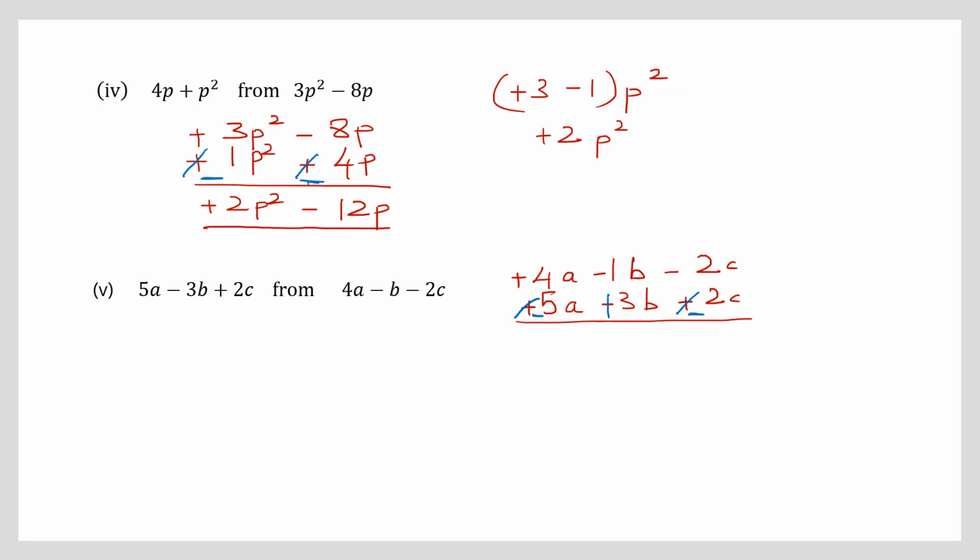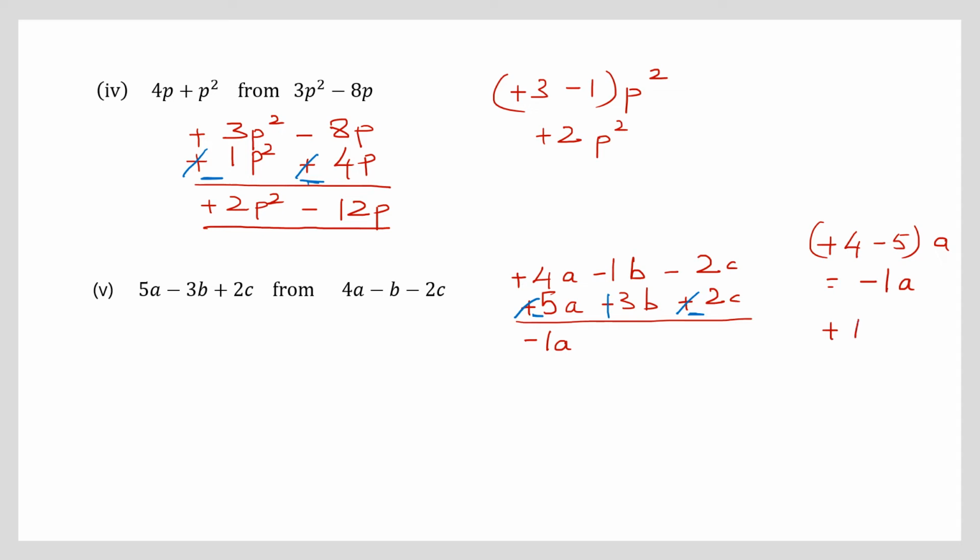So let's start. Now plus 4 minus 5a. When signs are different, put the sign of the bigger number and subtract. 5 minus 4 is 1a. So this becomes minus 1a. Here also signs are different.